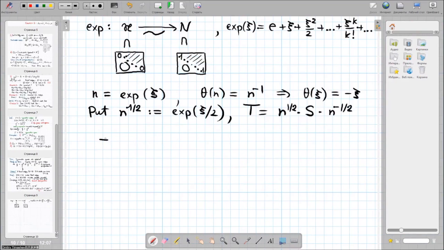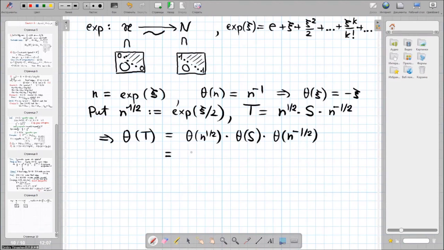Then if you apply theta to t, you get theta of n to the 1/2 times theta of s times theta of n to the minus 1/2, the inverse element. So theta takes n to the 1/2 to its inverse because of this equality, theta of psi equals minus psi.